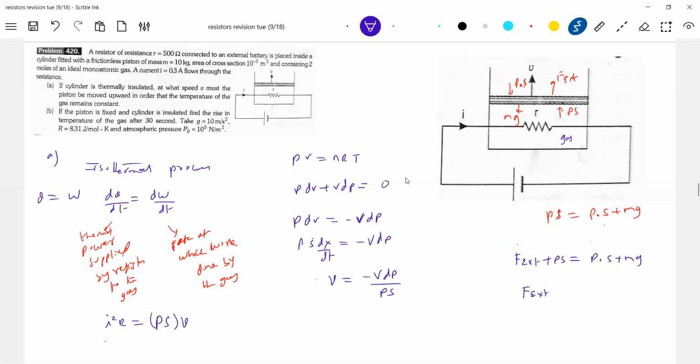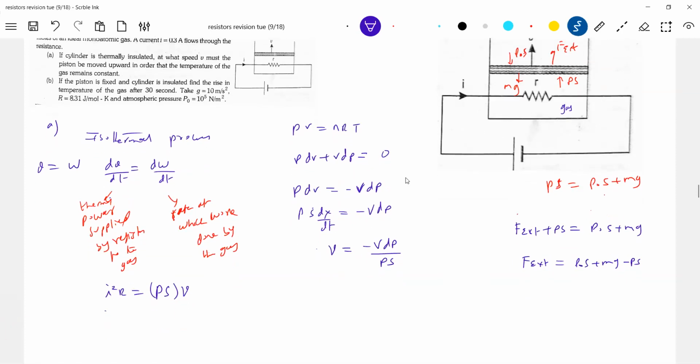No need; in this equation only, we'll change P to nRT by V. We'll get speed as a function of displacement. P equals nRT by V, and anything we will get.